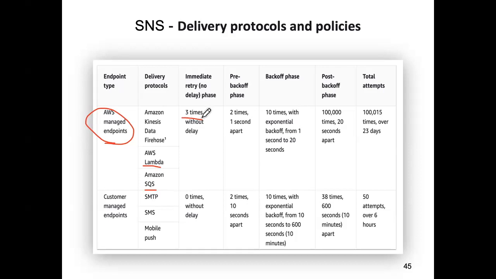If it doesn't get any positive response back from the subscribing service after three attempts, then it will try 2 more attempts, but it will have a 1 second delay between each of those. If it's still not getting any success, it has 10 more attempts with what's called a back-off algorithm delay between each of the 10. And it actually has a number of other attempts.